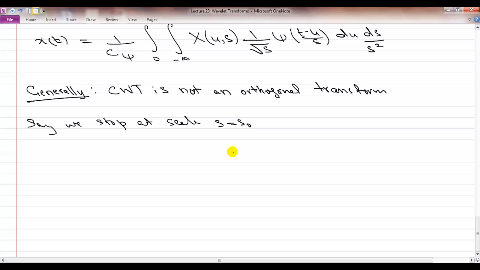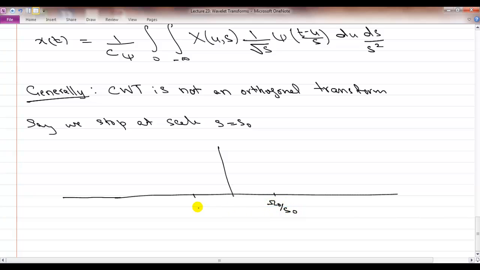As we started with s equal to 0, we had started our band from almost omega equal to infinity, and now we have finally stopped at omega naught over s naught and minus omega naught over s naught. Okay. And based upon the value of this s naught, we'll have some spread.